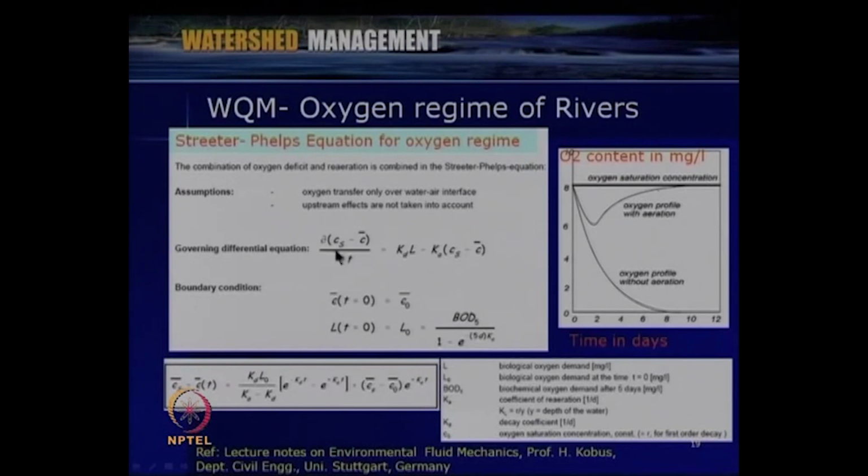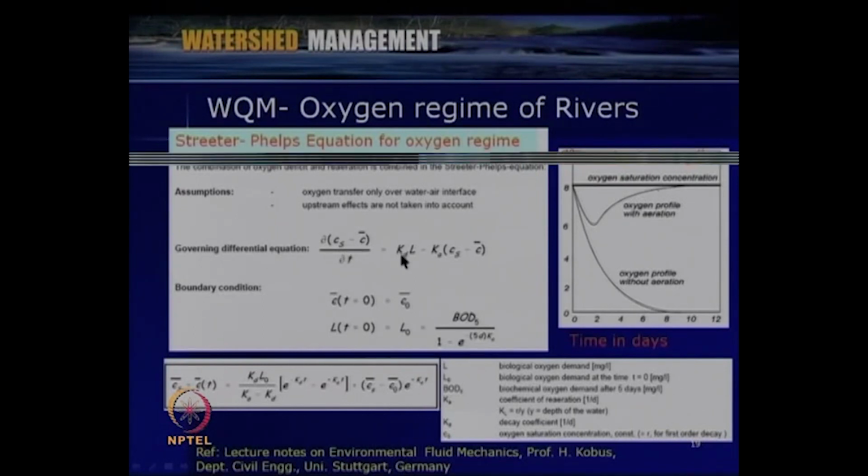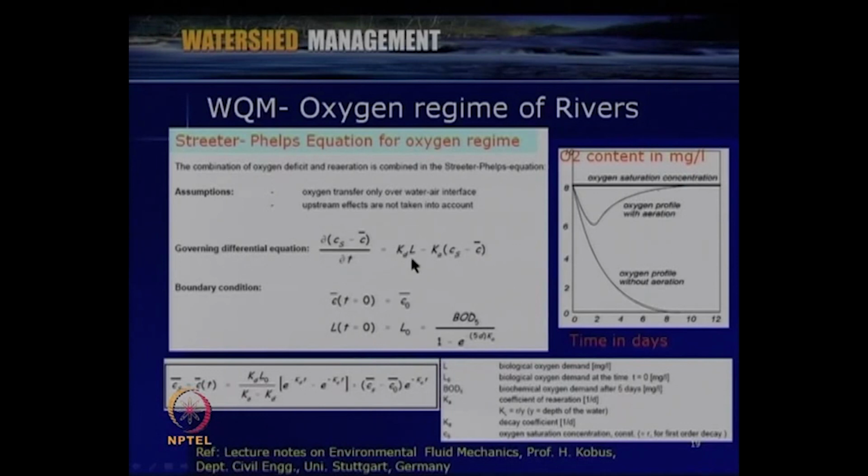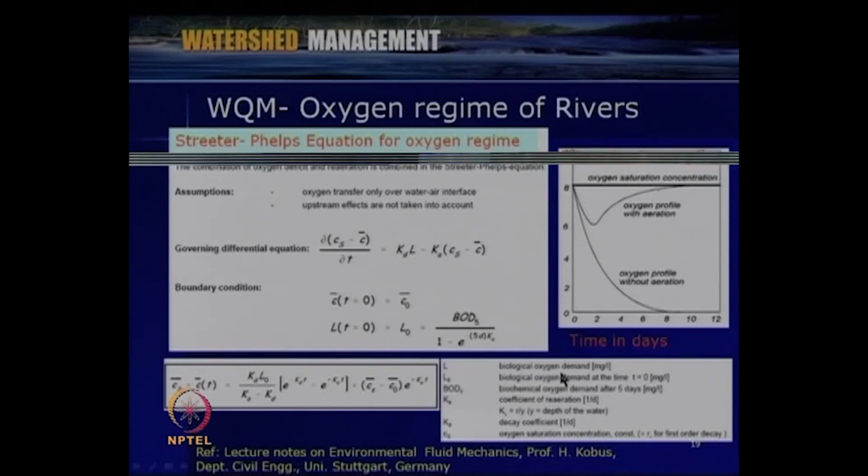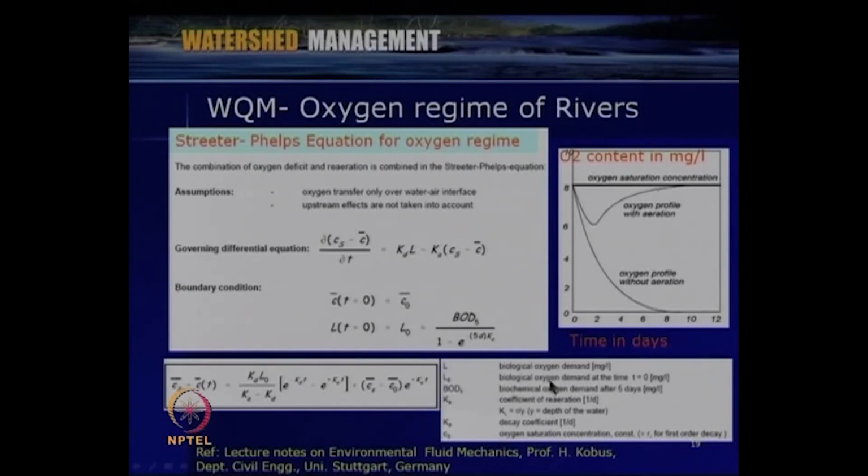The governing equation is d(Cs minus C bar)/dt is equal to Kd into L minus Ka into (Cs minus C bar), where L is the biological oxygen demand, L0 is the biological oxygen demand at time t equal to 0, Ka is the coefficient of reaeration, Kl is equal to R by Y, Kd is the decay coefficient, and Cs is the oxygen saturation concentration.